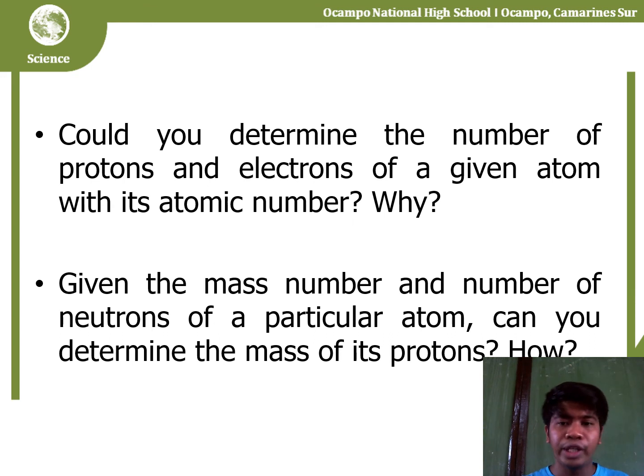Now, lastly, given the mass number and the number of neutrons of a particular atom, can you determine the mass of its proton or the number of its proton? Given daw yung atomic mass at yung number ng neutron, pwede mo bang mahanap yung number of proton? Yes. Papaano? How? By just subtracting the number of neutron from the atomic mass of a given atom. Kapag ginawa mo yun, mahanap mo yung number of proton.